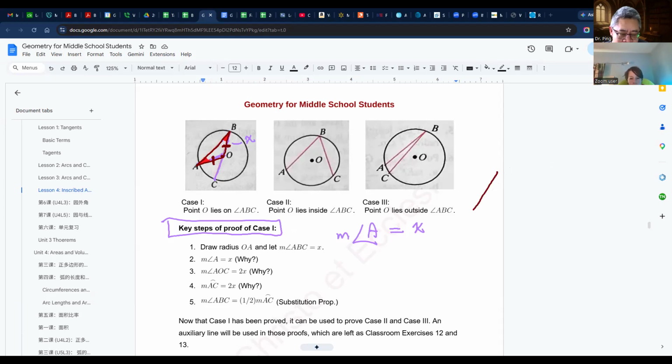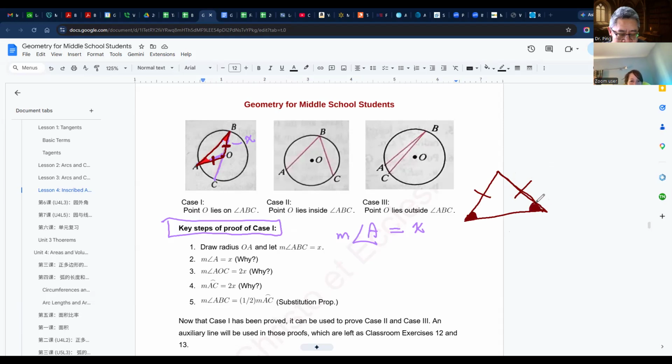The definition is that two sides are congruent, but there's also a property. Do you remember? Well, the two base angles are congruent.